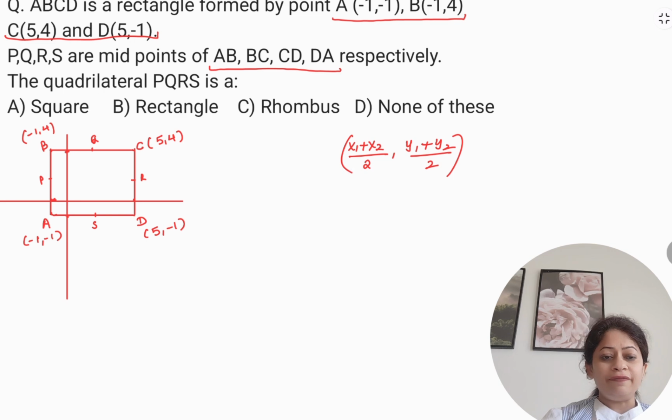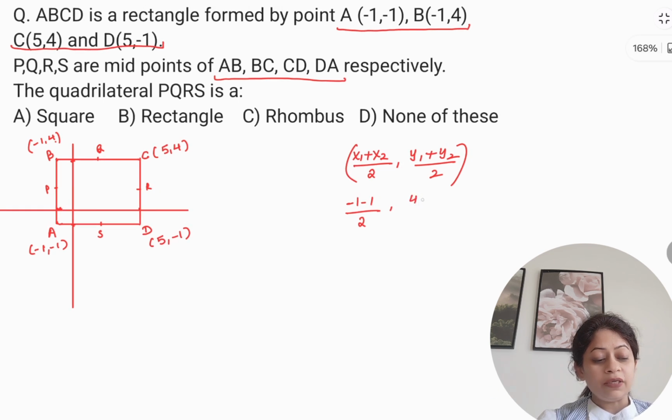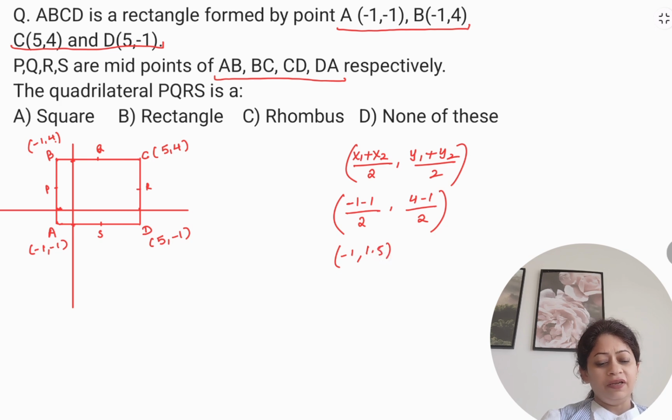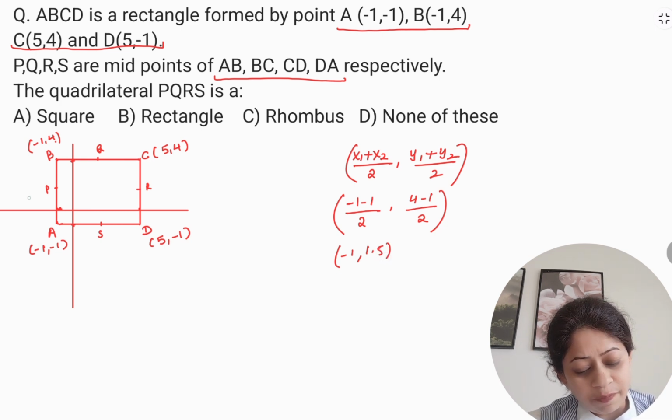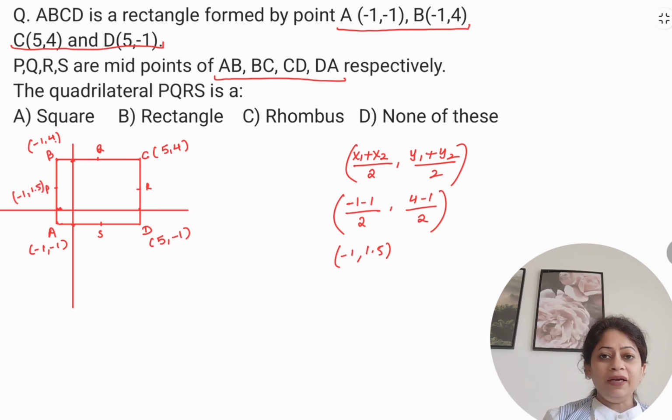Here x1 is -1, x2 is -1, divided by 2, comma, y1 is 4 and y2 is -1, so 4 minus 1 by 2. You get -2 by 2, which is -1, and 3 by 2, which is 1.5. So the coordinates of P are -1, 1.5.